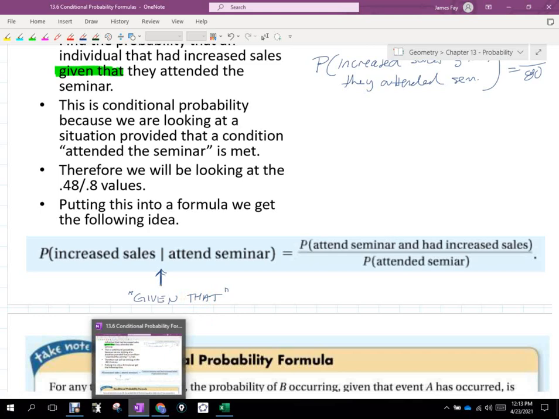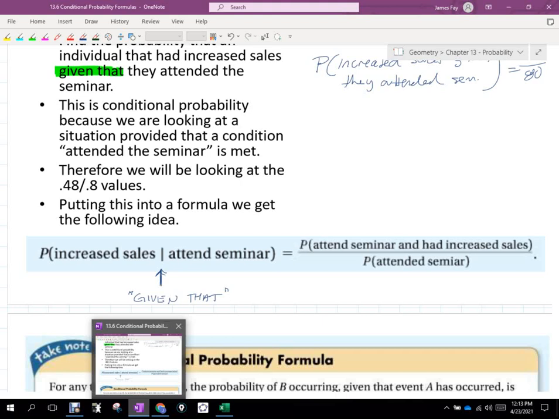A lot of times mathematicians, when writing things, like to be concise. We don't want to write out full sentences inside those parentheses. So we have the probability of increased sales, we say a vertical bar, so we read that as given that they attended the seminar. And what we're finding out there, think about what that numerator looks like.